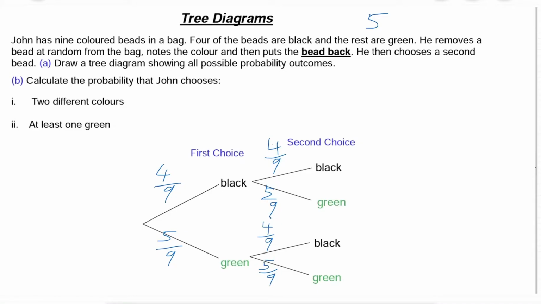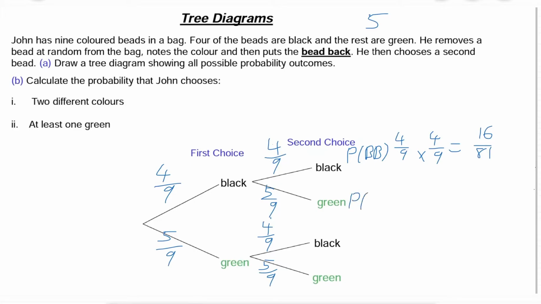Now to get our probabilities in tree diagrams, you need to multiply along the branches. So for the first one there, the probability of black and black, we'll do 4 out of 9 times 4 out of 9. So we have 16 over 81.